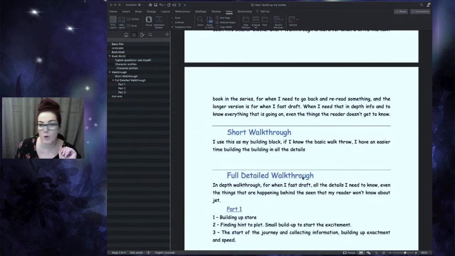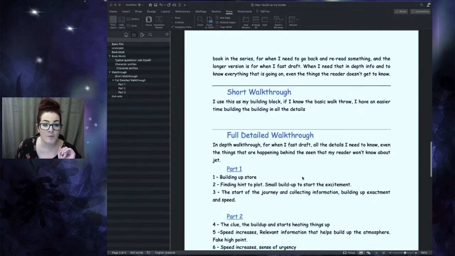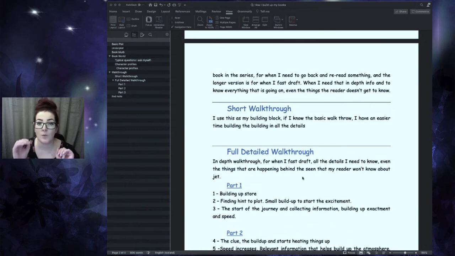When that short walkthrough is done and I'm satisfied, I will do a full, in-detail walkthrough. I did that for the book I wrote for NaNo. I did a full detailed walkthrough of the whole book, and I wrote that book in 15 days because it was so well planned that I didn't need to think.